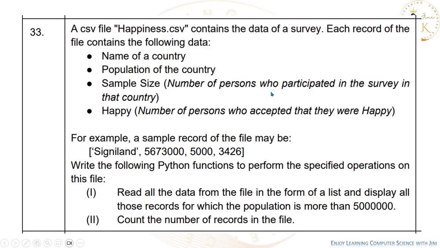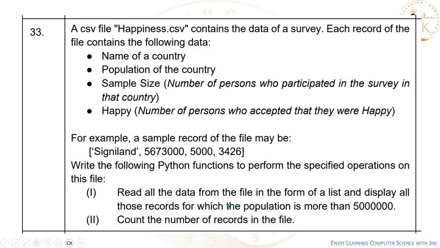Sample size is the number of persons who participated in the survey in that country, and happy is the number of persons who accepted that they were happy. So your CSV file contains name, population, sample size and happy. For example, a sample record: Sydney land, the population of the country, then the sample size, then the happy.